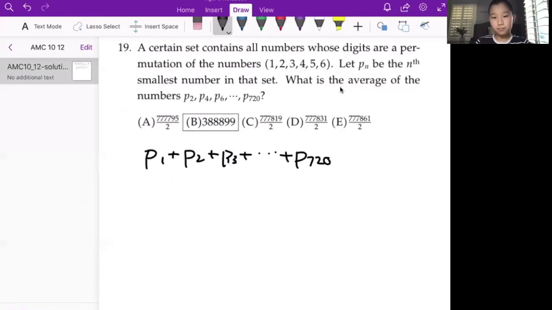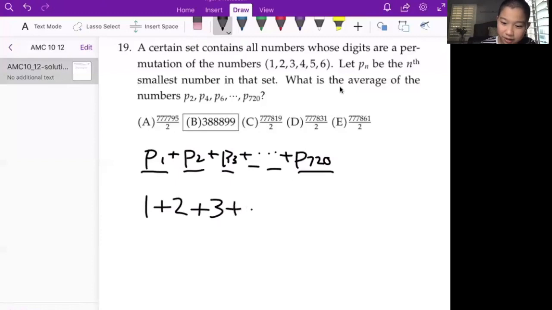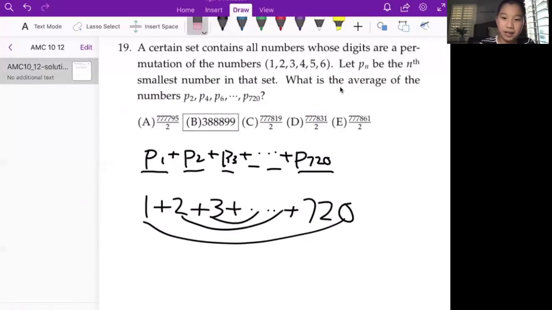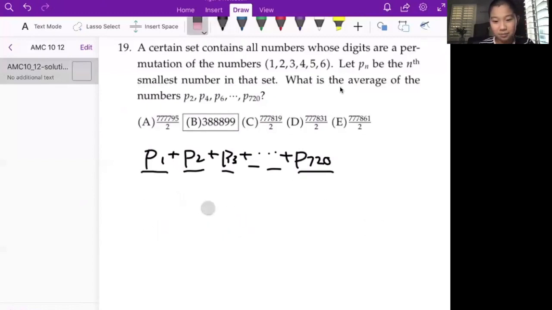The key idea here is we can pair up those, just like we do in arithmetic series. That's the motivation. Plus 720, we pair up this, and then we pair up that, and then we find how many there are, and then we add them all up.